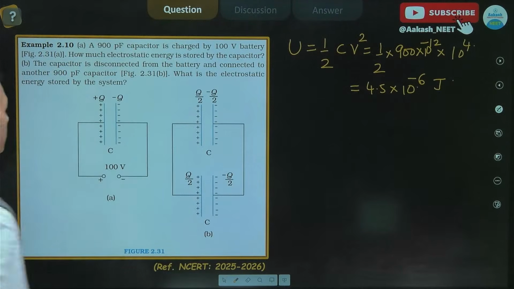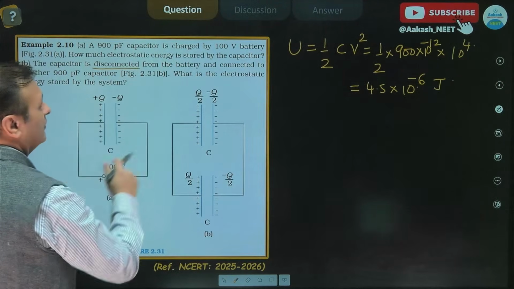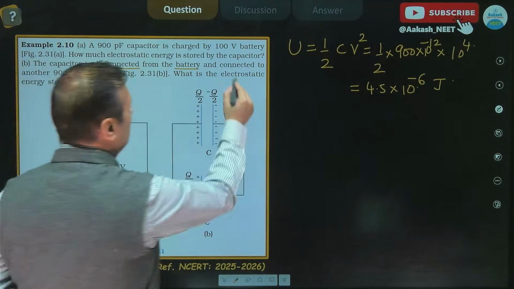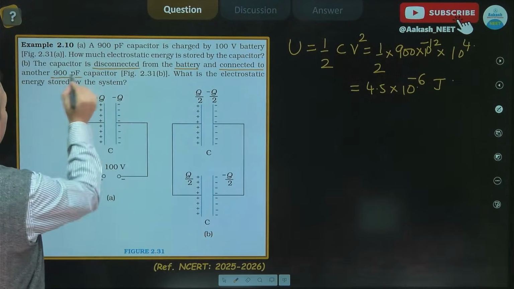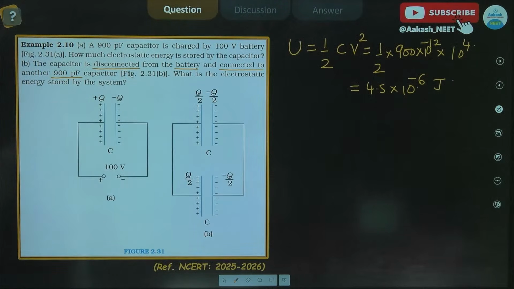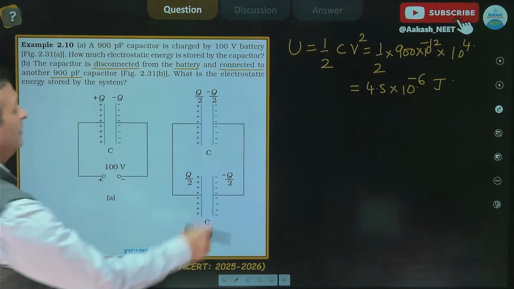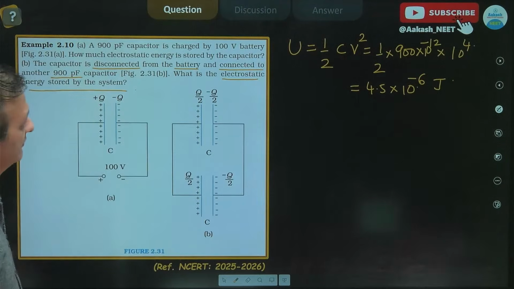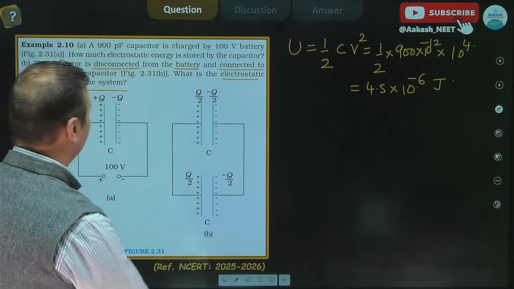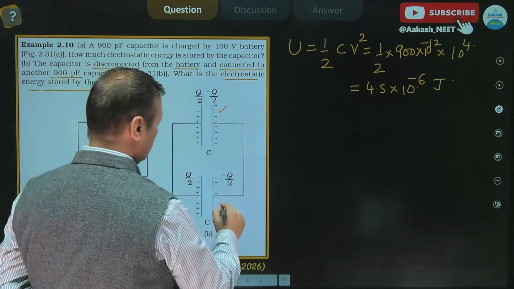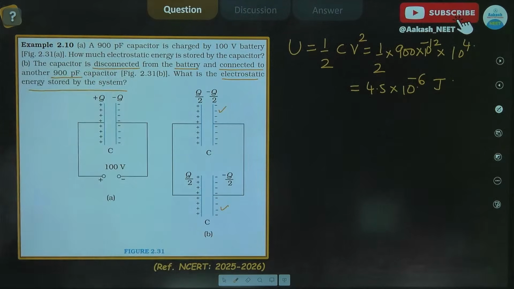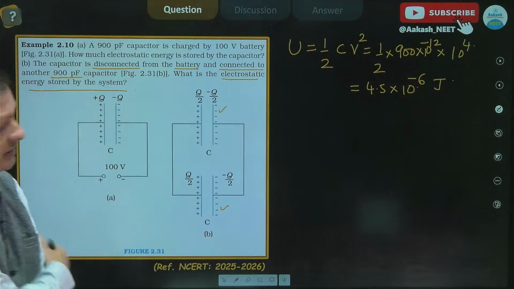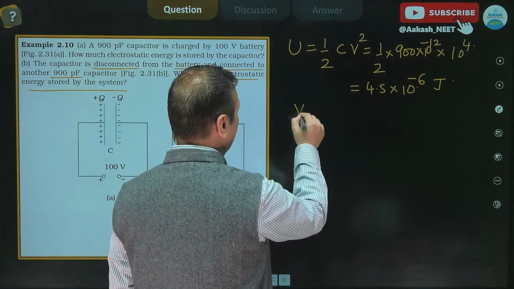Now the capacitor is disconnected from the battery, fine. So when a capacitor is disconnected, charge would remain same, but it is connected to another 900 picofarad capacitor. What is the electrostatic energy stored by the system? Once this capacitor is disconnected and connected to another capacitor, what is the final energy stored? Now can you give me the final potential?